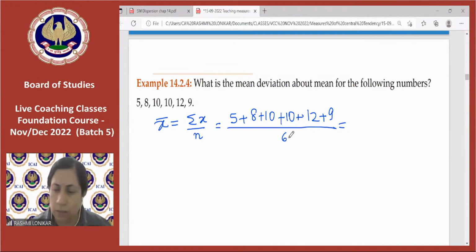Now can you tell me this? Is it 9 or is it 6? Bibhu and Himanshu, Harshita, you've got different answers. Shalini also. Nital, why are you writing 10 upon 6? What is the total? Yes, Samir, it's 9.